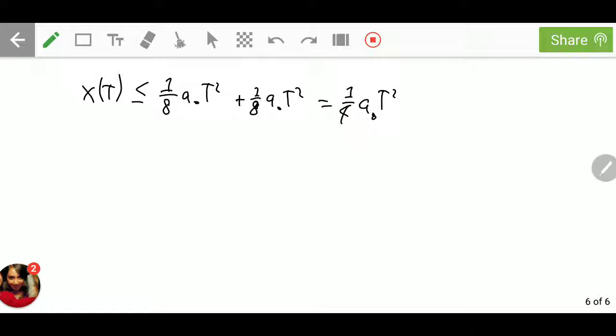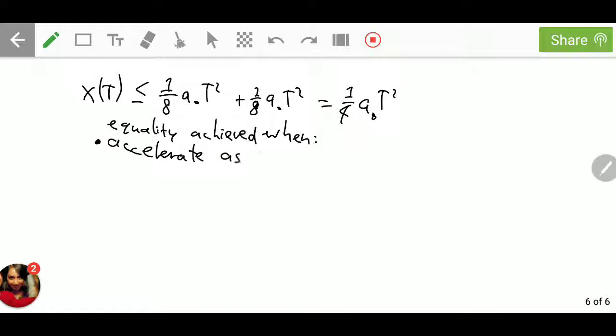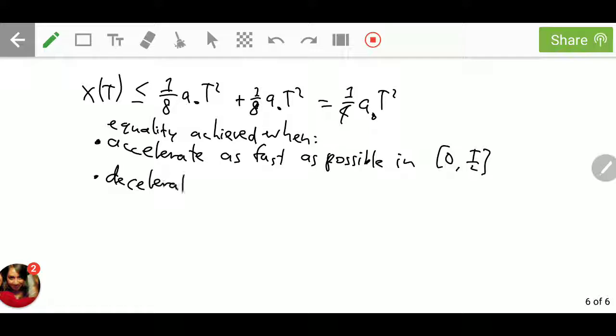And this does indeed correspond exactly to the situation where you accelerate as fast as possible first, in 0 to T over 2, and then decelerate as fast as possible in T over 2 to T, so equality is achieved. And so this actually completes the proof that this solution is indeed optimal.